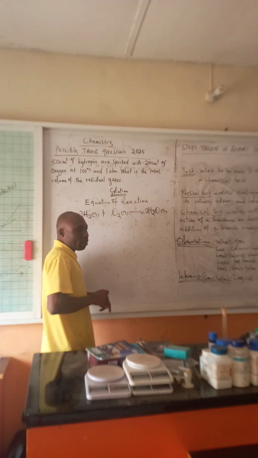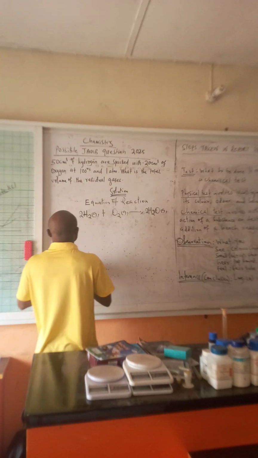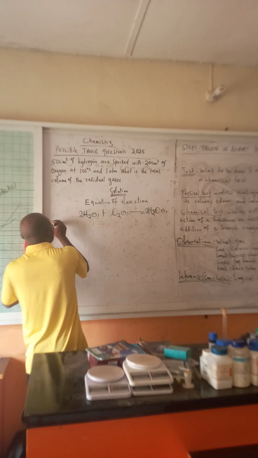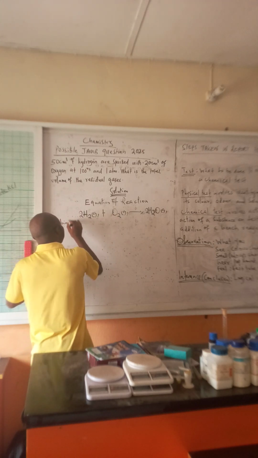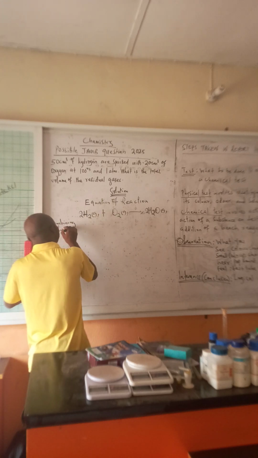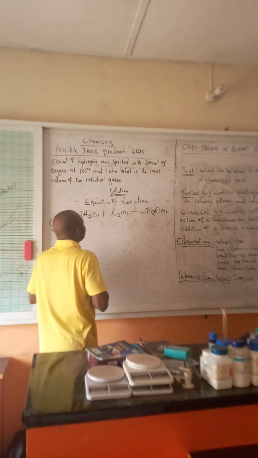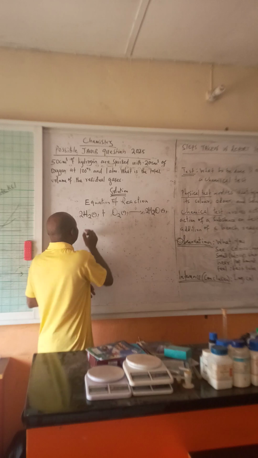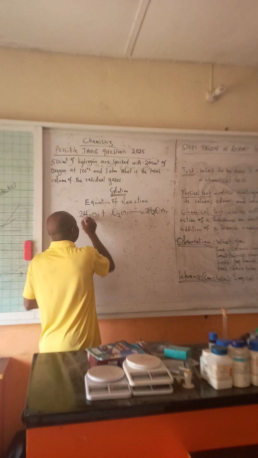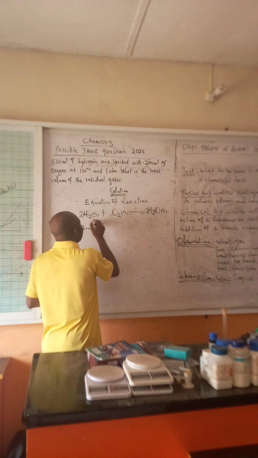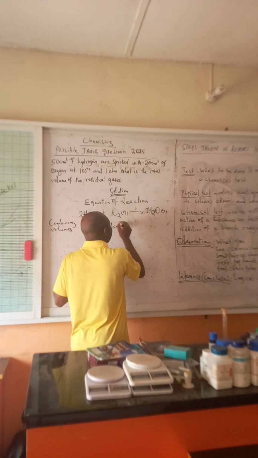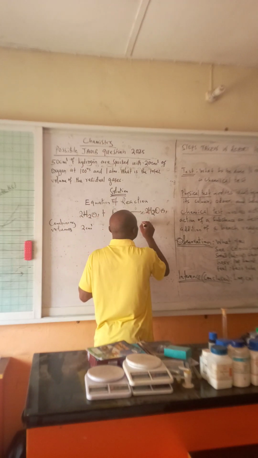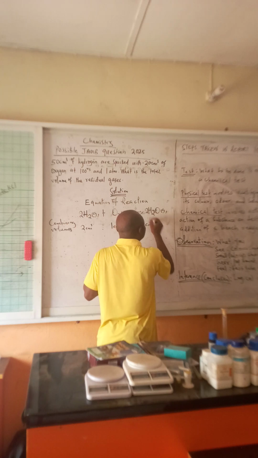From the balanced chemical equation, you have your combining volumes according to the law. If you look at the equation, you discover that 2 cm cube of hydrogen is to 1 cm cube of oxygen is to 2 cm cube of steam.